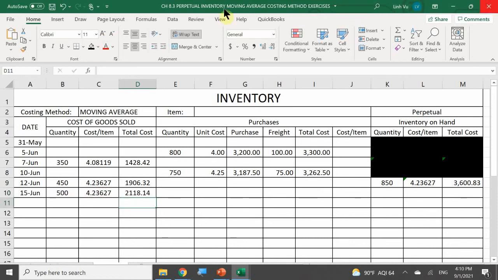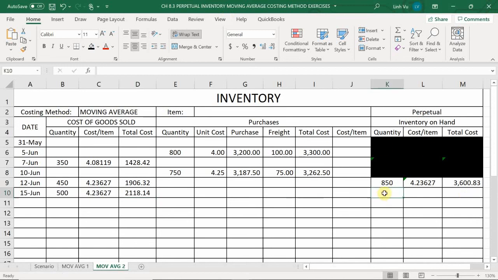$2,118.14. Good. All right. So once again, because we sold more units, when we update our inventory, what is now our new quantity? What is our new total quantity that we have left? 350.